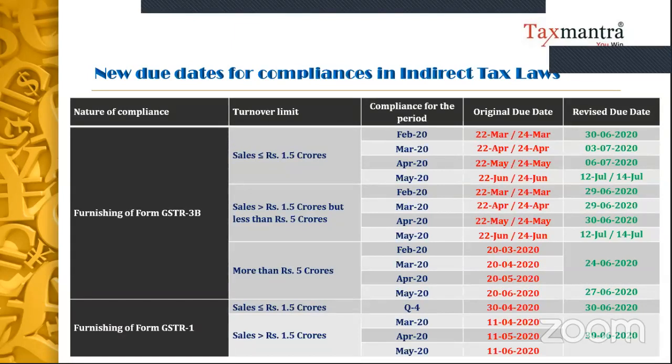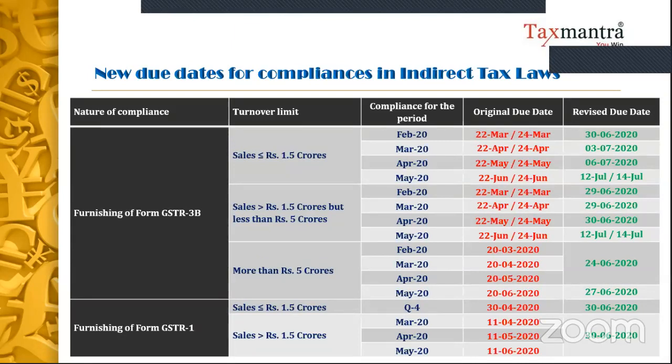If you can see the original due date for the months of February, March, April, May, it would be the 22nd of March and 24th of March for the month of February, depending on the states of the taxpayers. Because in case of West Bengal, the due date of filing of GST 3B for the month of February would be the 24th of March.